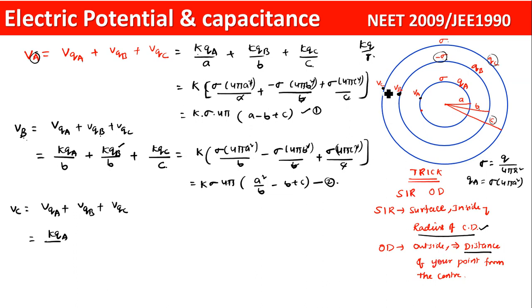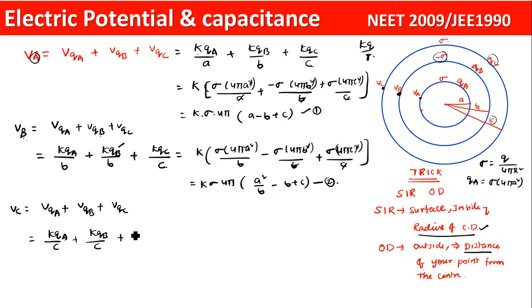So from the center, at what distance is it? C. Very good. Next KQB, again your point is outside for this QB charge distribution. So outside again you have to use the distance of your point from the center. So that is also C again.